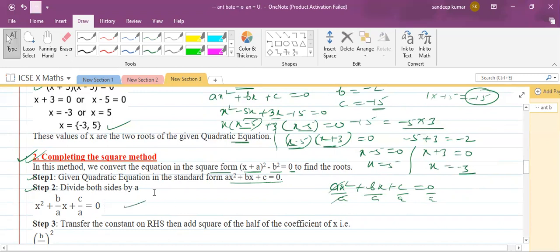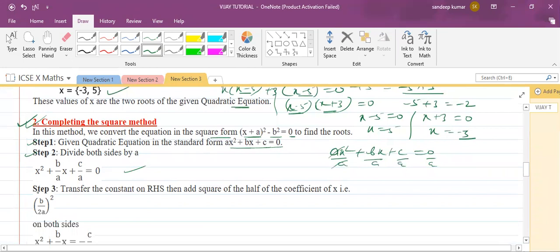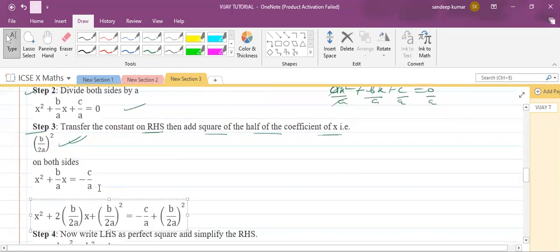Next, step 3: transfer the constant to the RHS, then add the square of half of the coefficient of x, which means b by 2a whole square, you have to add and subtract. If you see here, we have to get it in the form a square plus 2ab plus b square, yes or no?